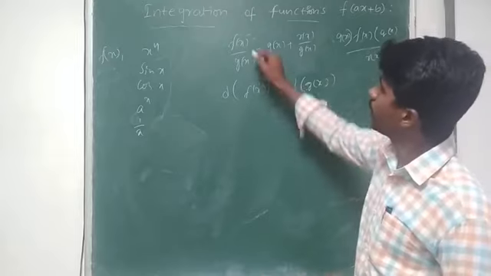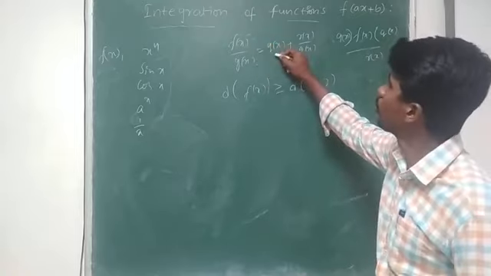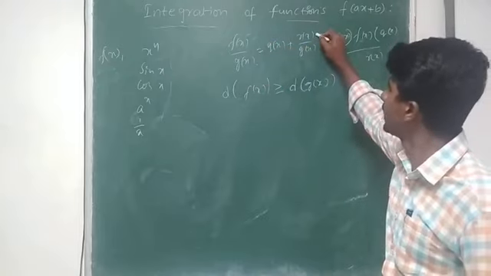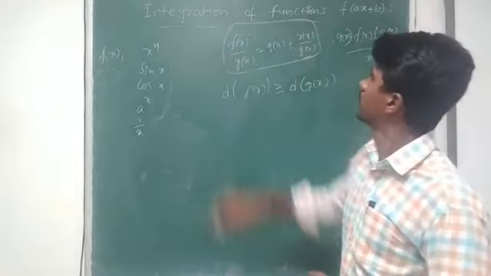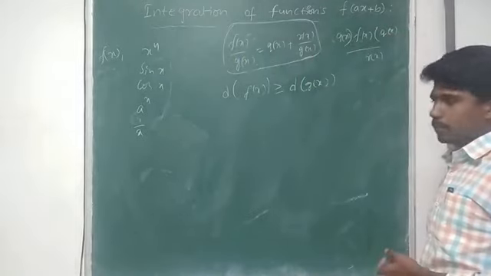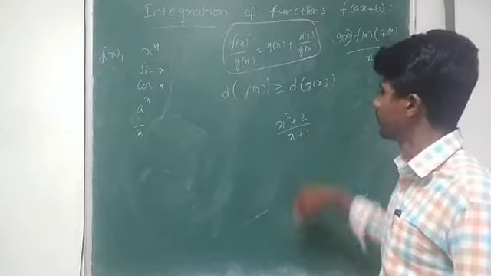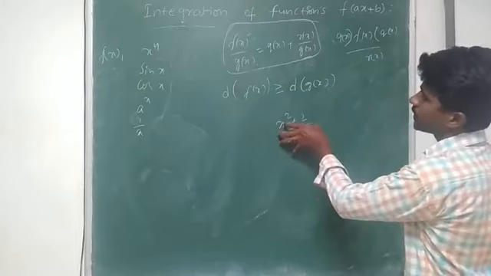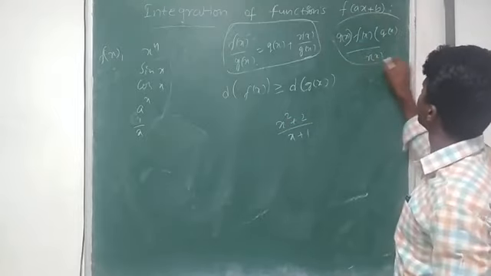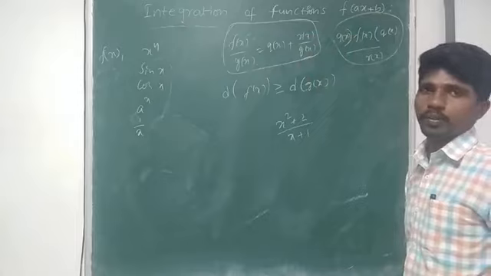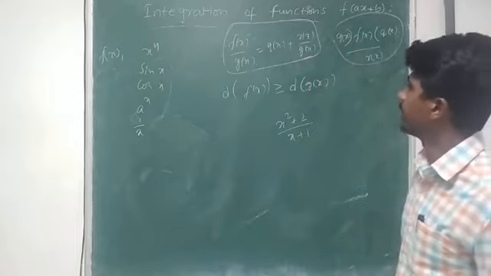So numerator by denominator can be written as quotient plus remainder by its denominator. So we have to perform the division. Suppose I have a function like x square plus 2 by x plus 1. First I have to perform its division, and I get all these terms. Just substitute, split it. Later we have to apply its integration.